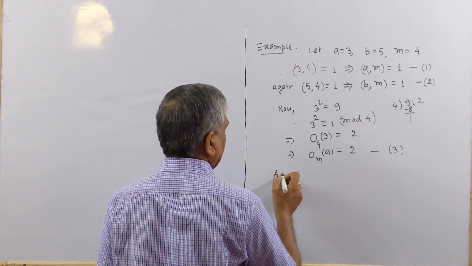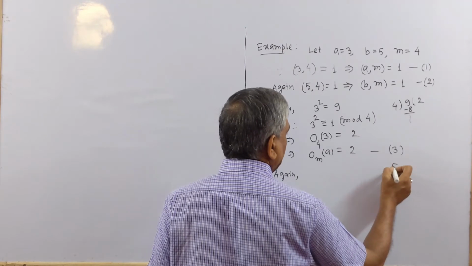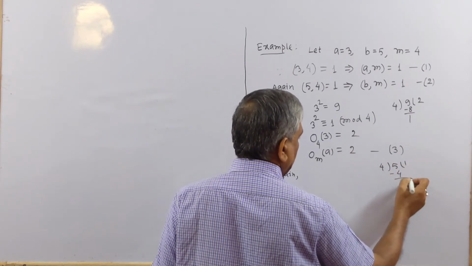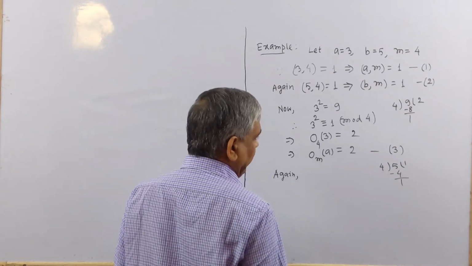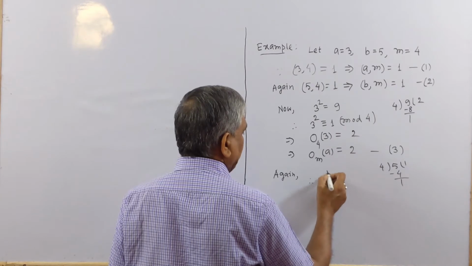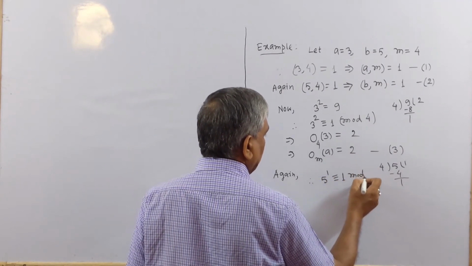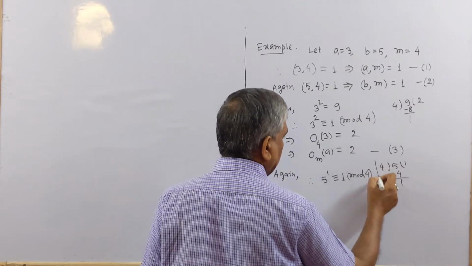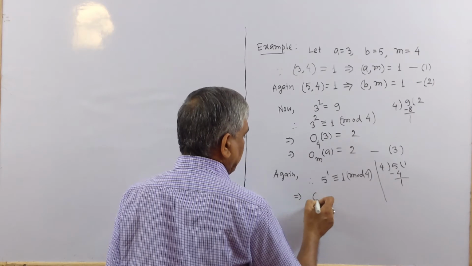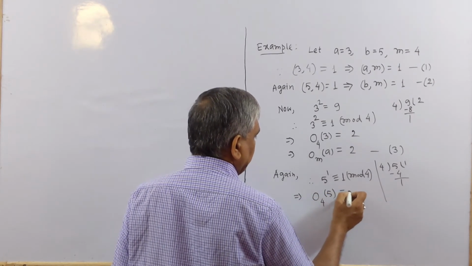Again, when 5 is divided by 4, it gives remainder 1. Therefore, 5 to the power 1 is congruent to 1 modulo 4. Implies that order of 5 modulo 4 equal to 1.